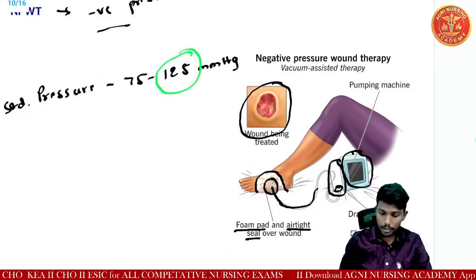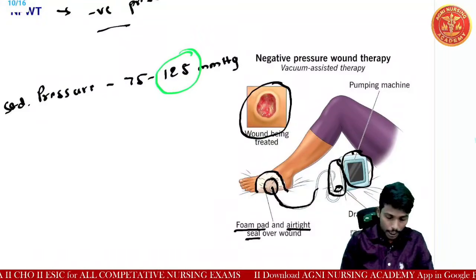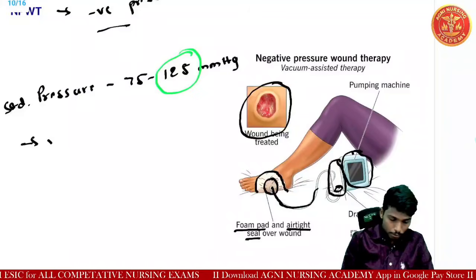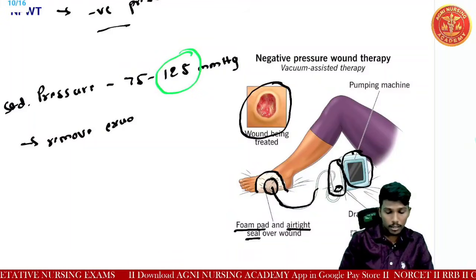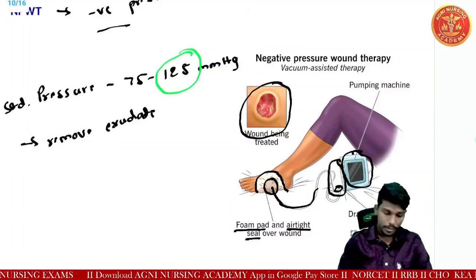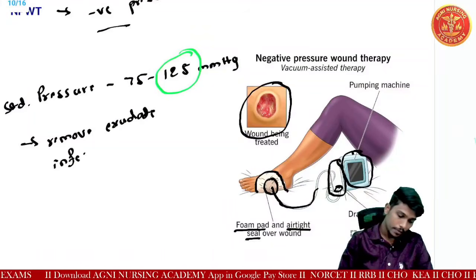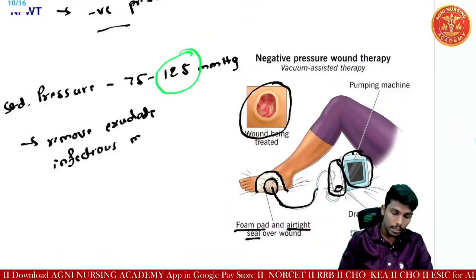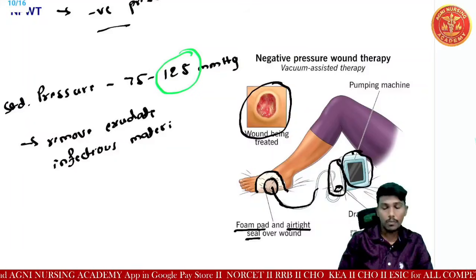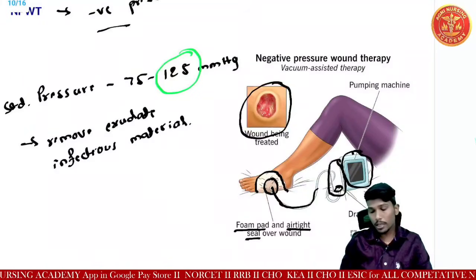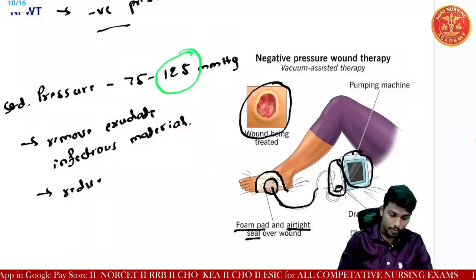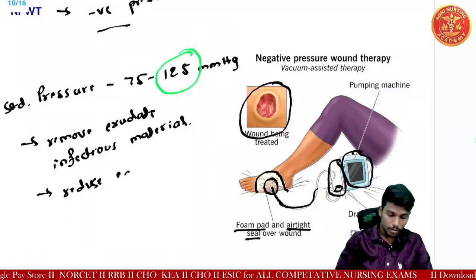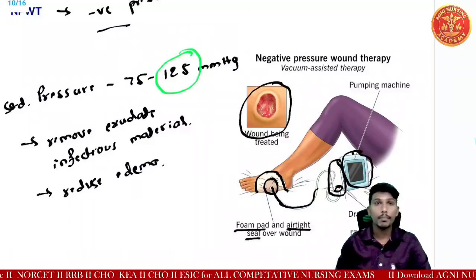How will it heal the wound? It will remove the exudate from the wound, and the infectious material in the wound will be removed through this negative pressure. Then it will reduce the edema. How?